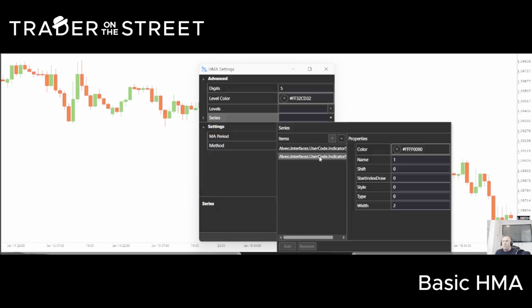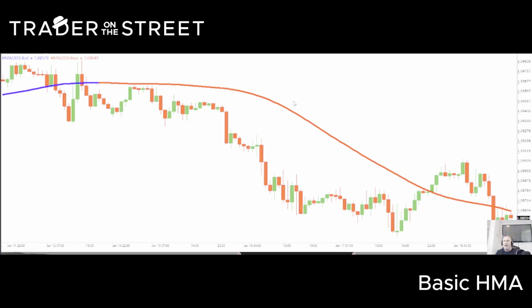This HMA, we're going to make the width maybe a little bit wider here. So we'll go to a 4, and we'll do it on both of them so that we've got both of those set up at the same width. And then we can click OK. And then voila, we've got this on here. This is the 200 HMA set to a width of 4.